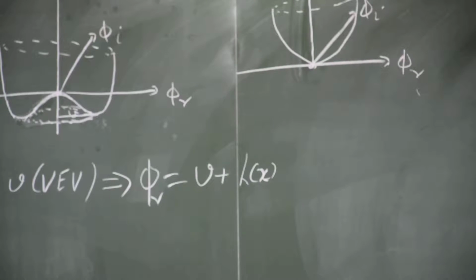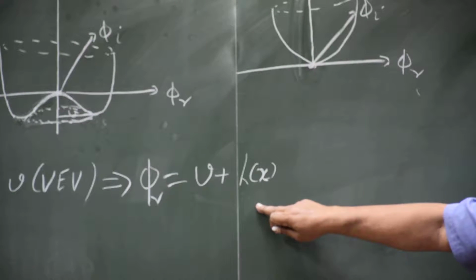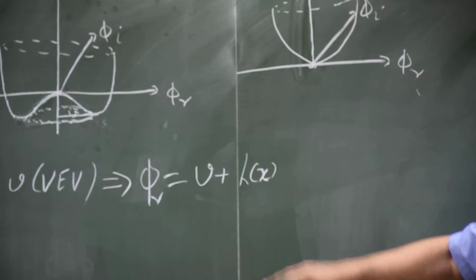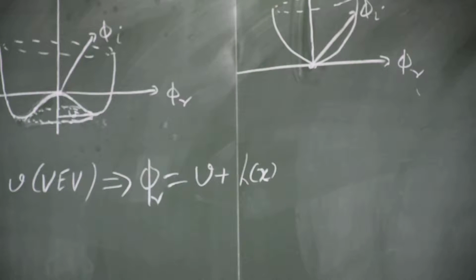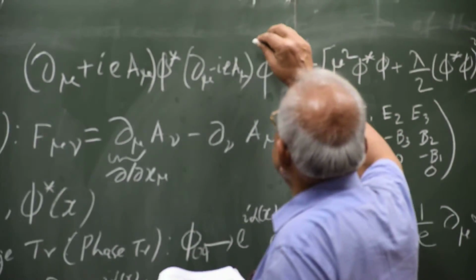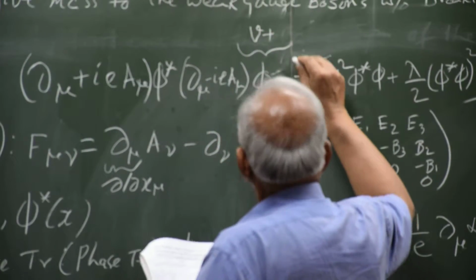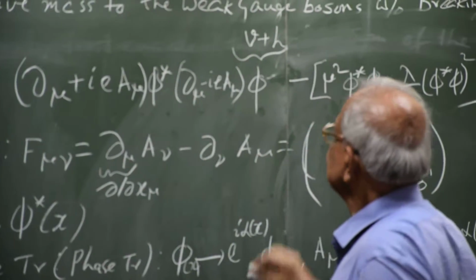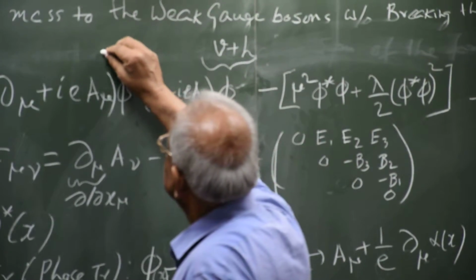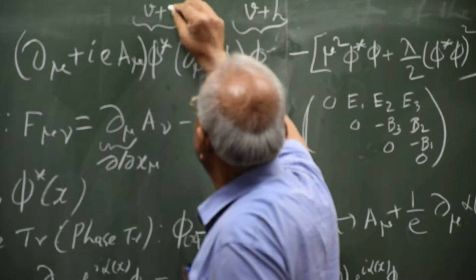Clear? So in any perturbative field theory you have to make this translation of the field. Clear or not? If you do that, then miracle happens. You write this as the constant V plus the field H(x). Here the same thing, because we are considering the real part.